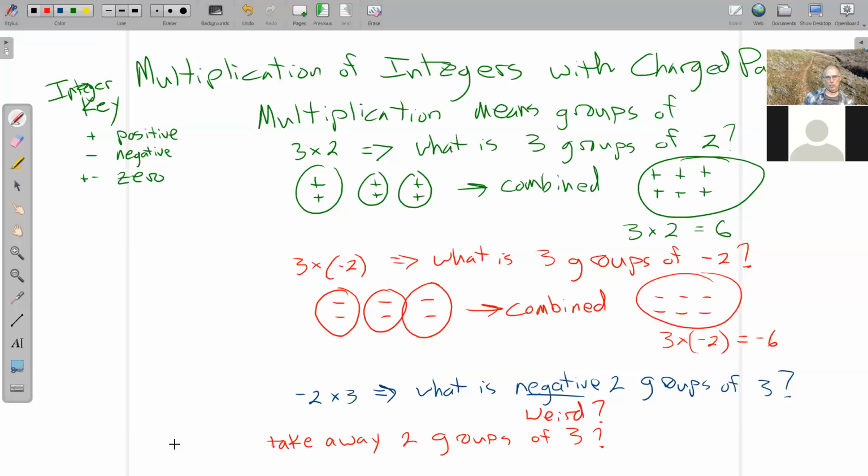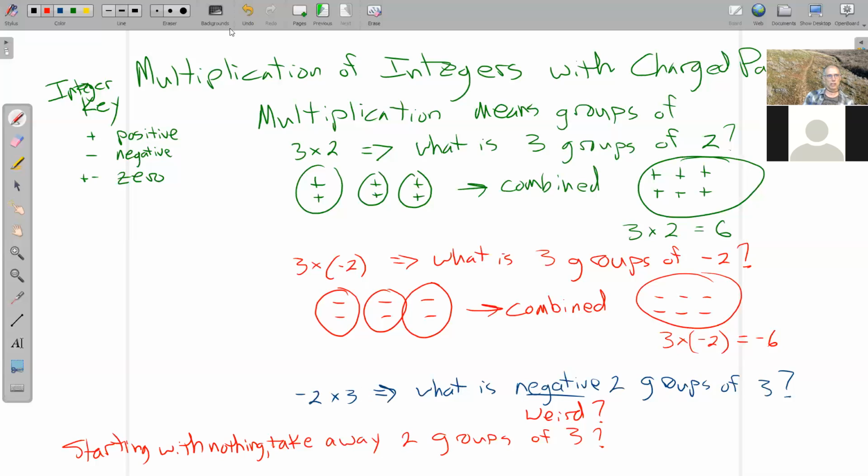So starting with nothing, what's another word for nothing in math? Zero. Yeah, so all of these really started with 0, and then we did stuff. Okay, so that's how we can interpret this right here.